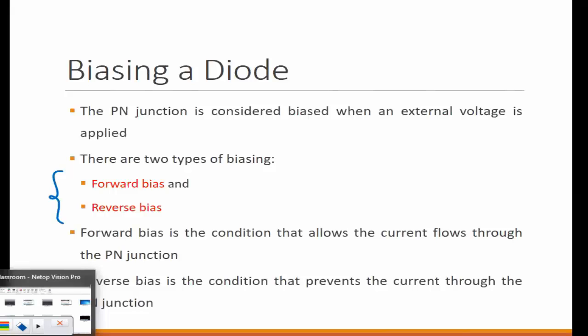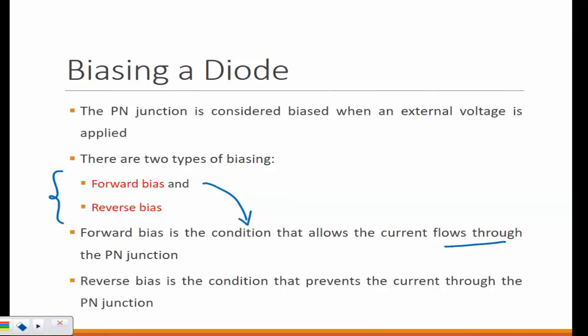So what happens under forward bias is, forward bias allows the current flow through the PN junction, whereas reverse bias will prevent the current flow through the PN junction. Again, how it will do that, we'll see in a bit, but that's what it means.